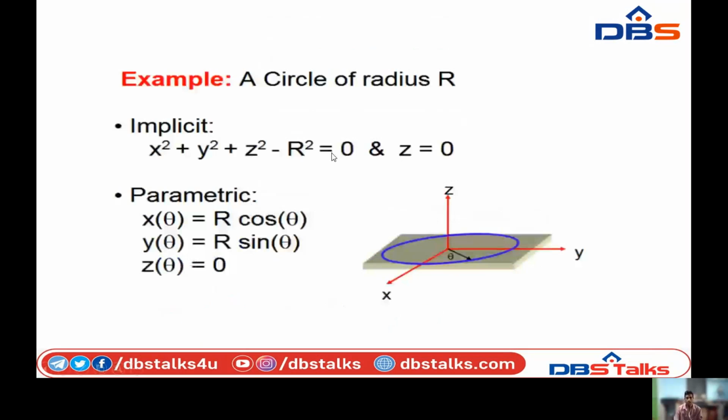For example, in this figure, I am drawing a circle with radius capital R and showing three coordinate axes, x, y, z directions. The angle will be theta. It will be written in non-parametric and parametric equation.